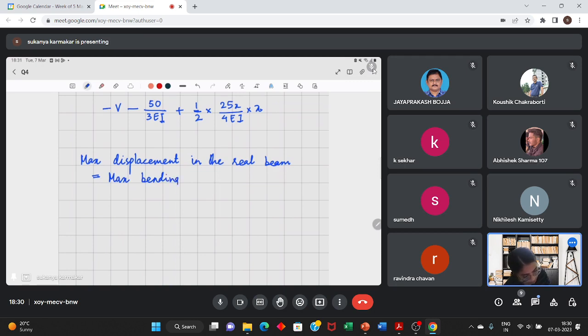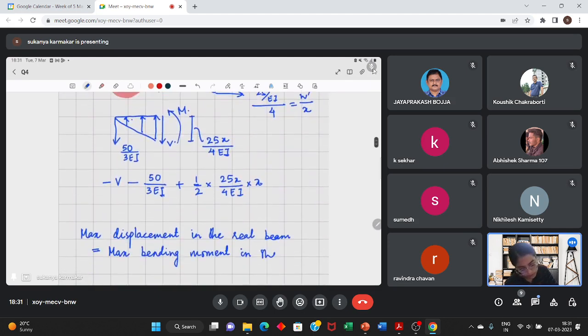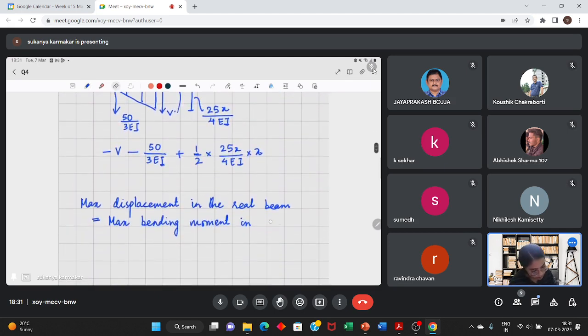maximum bending moment in the, sorry, in the conjugate beam.